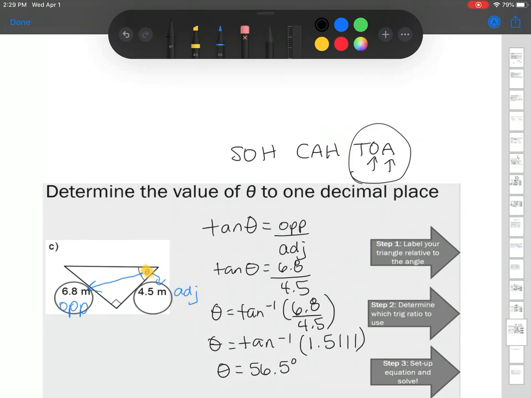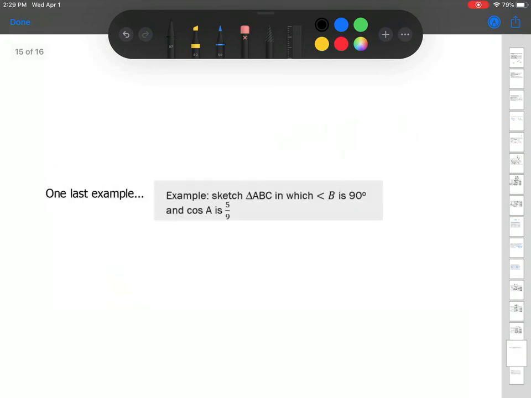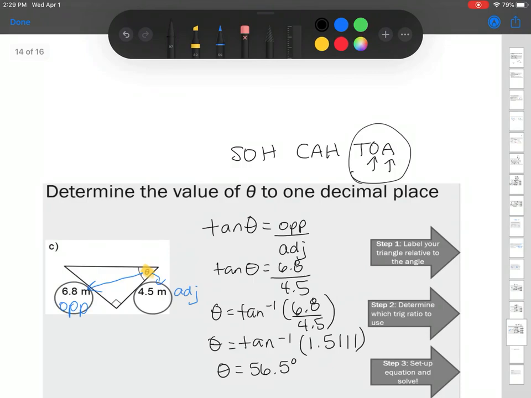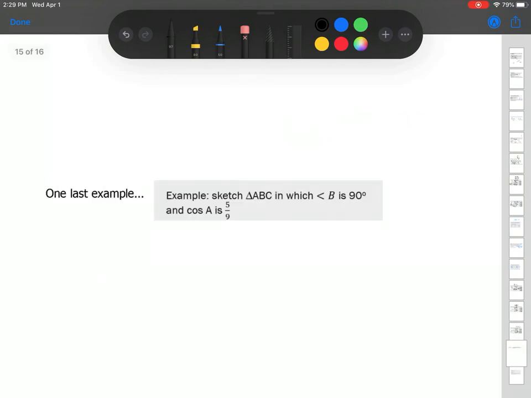So you get 56.5 degrees. Okay, and then the last kind of question, sketch the triangle ABC in which angle B is 90 and cos A is 5/9. So I don't have a ruler on this, so do a better job than me.